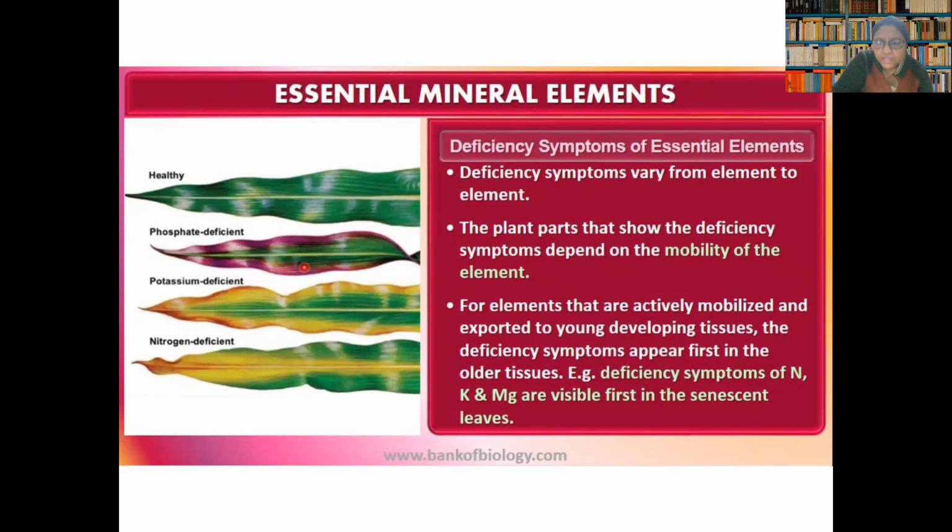Why mobility? Because in case of plants, if the mobility of that element is faster, for example, if we are talking about nitrogen, potassium, and magnesium, the deficiency symptoms will first be visible in old or worn out parts. Why?